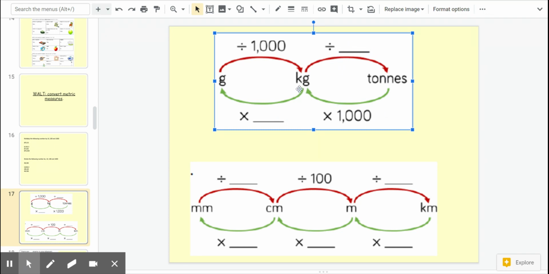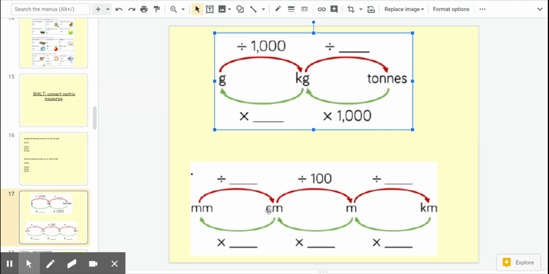I'll tell you now, there are 1,000 kilograms in 1 ton. So 1 ton, really big weight. Think of what weight, or the mass I should say, an elephant is weighed in. So if you've got 1 ton, you're going to multiply that 1 ton by 1,000 to give you the equivalent, which is 1,000 kilograms.